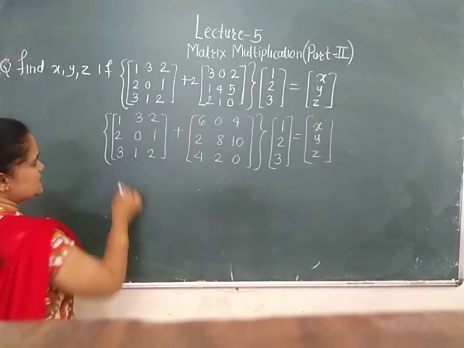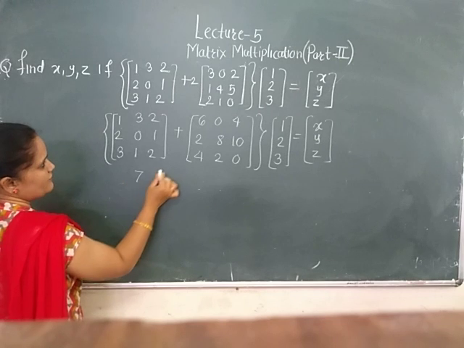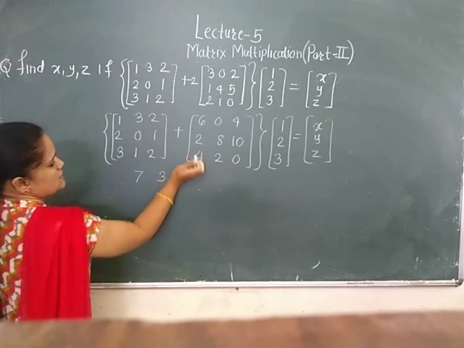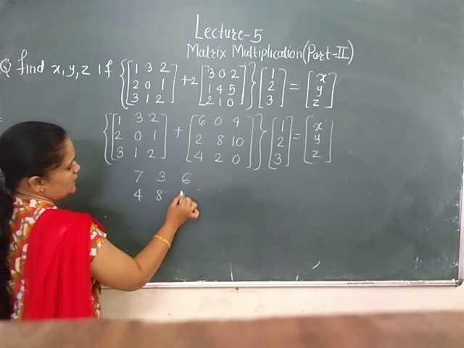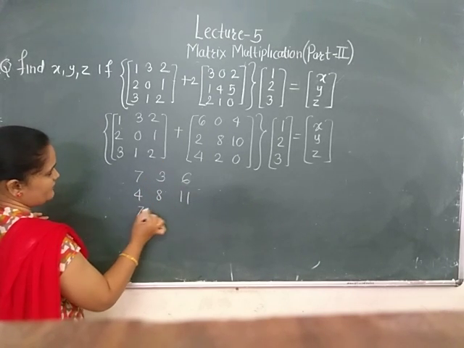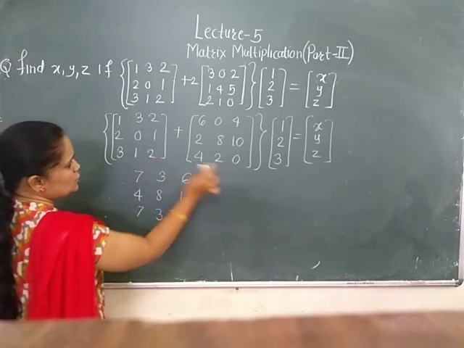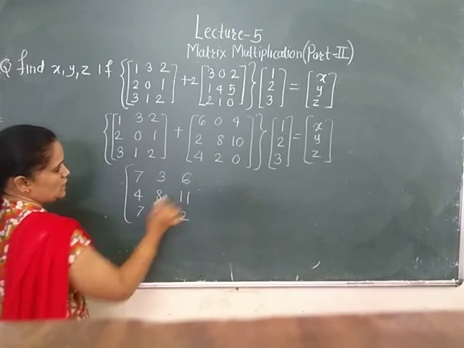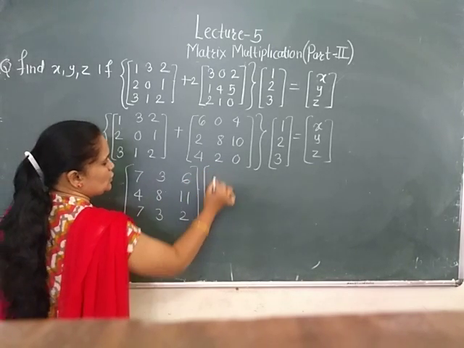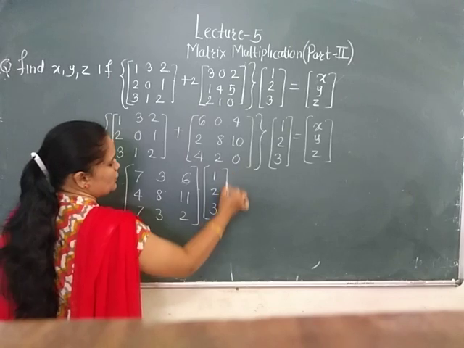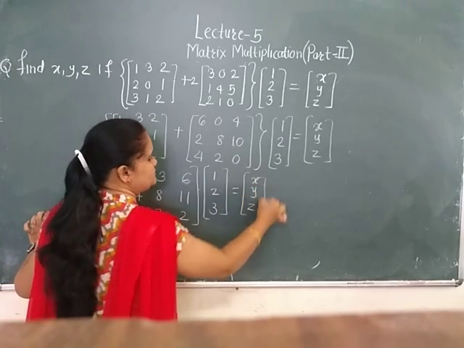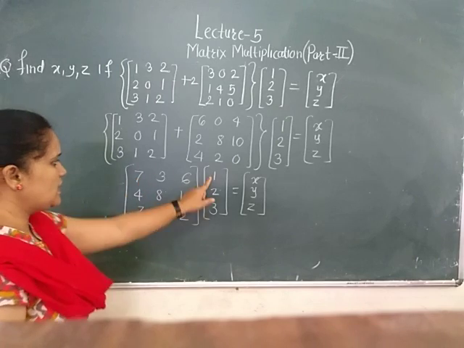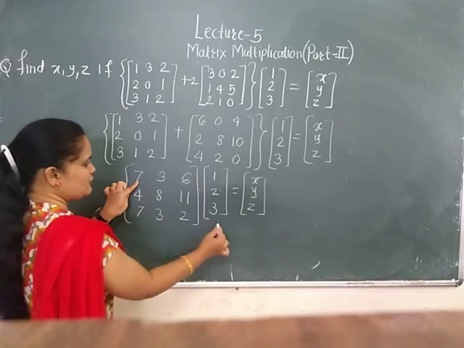Add these two matrices. 1 plus 6 is 7, 3, 6, 4, 8, 11, then 7, 3, and 2 plus 0 is 2, into 1 2 3 is equal to x, y, z. Okay. Now we are going to multiply this first row with the first column.